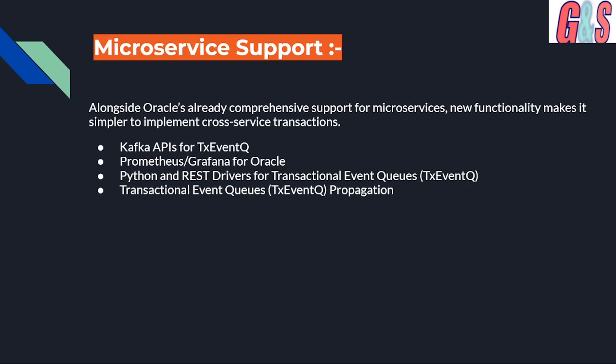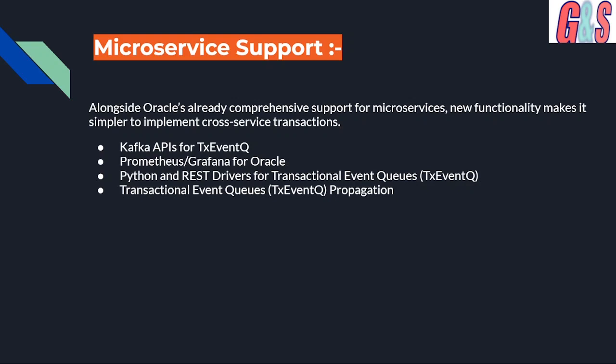Coming to Python and REST drivers for transactional event queues, that is TxEventQ. Database 23 introduces support in new languages for transactional event queues. TxEventQ can now be used in Python and with REST APIs. REST APIs are implemented to be like Kafka Confluent REST APIs. TxEventQ already has support for PL/SQL, C++, and Java using JMS or JDBC.